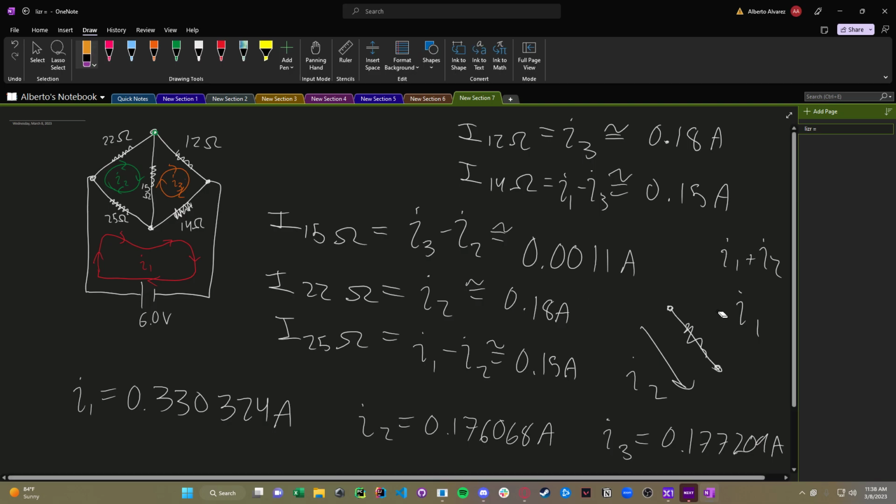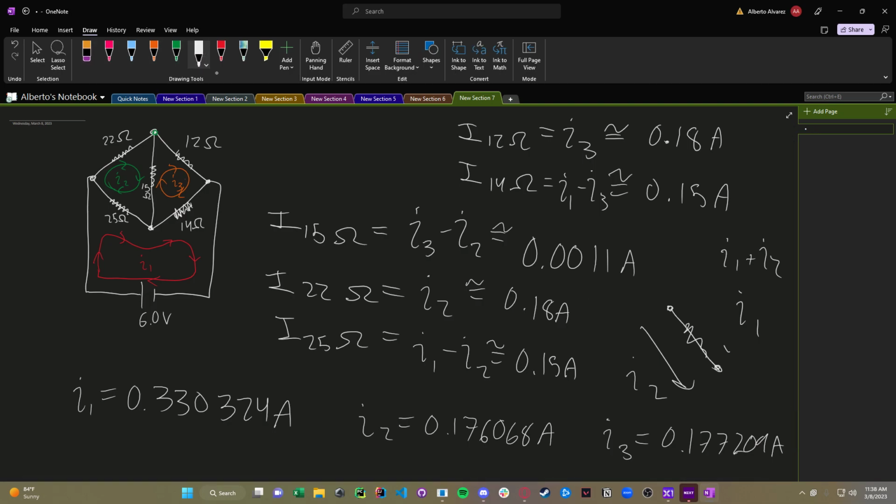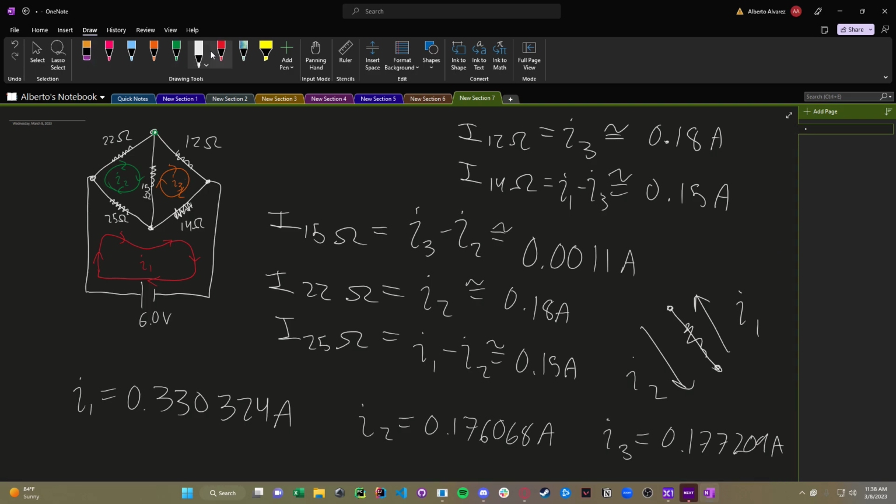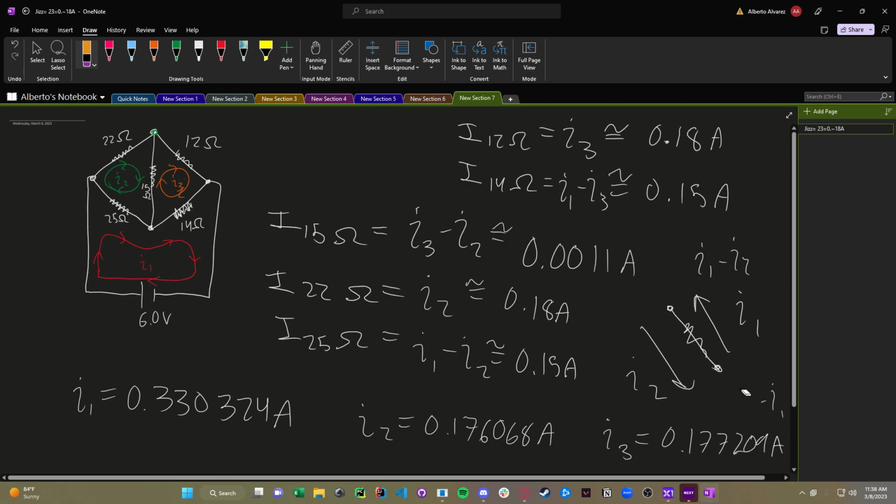Or if they're opposing currents from adjacent loops, then it's either going to be I1 minus I2 or I2 minus I1, depending on which perspective you look at it, depending on which loop you follow. So yeah, that completes homework number 3.